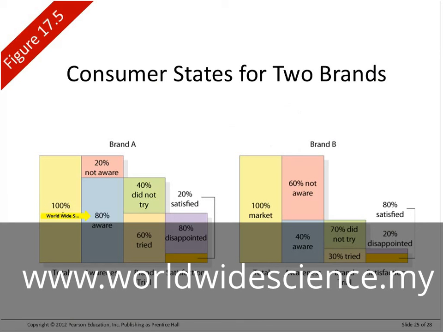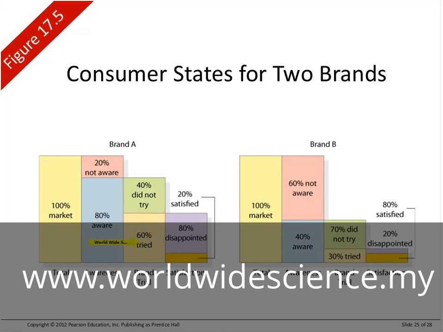Okay, 800,000 are aware, and from this 800,000, 60% are tried. It means 0.6 times 800,000, it will be 480,000.